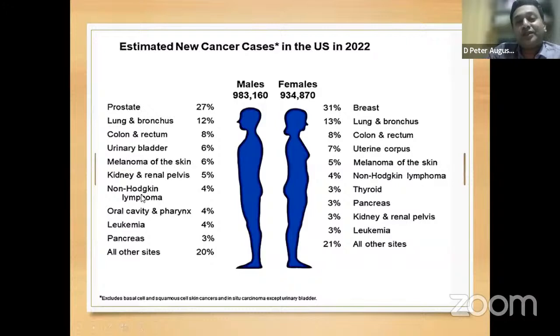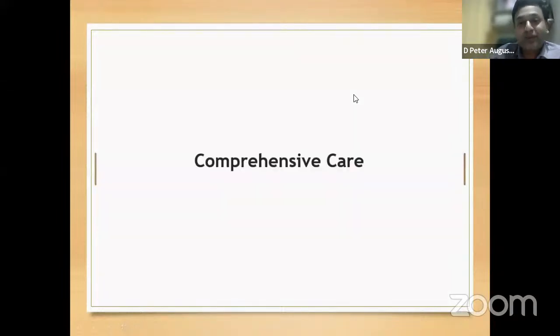Most of the cases in males, 27%, are prostate gland cancer. In females, 31% are breast cancers, then lung, and you can see how the percentage decreases across different parts. In new cases it's about 10 lakhs in the US. And even a country like India is also leading in this count.